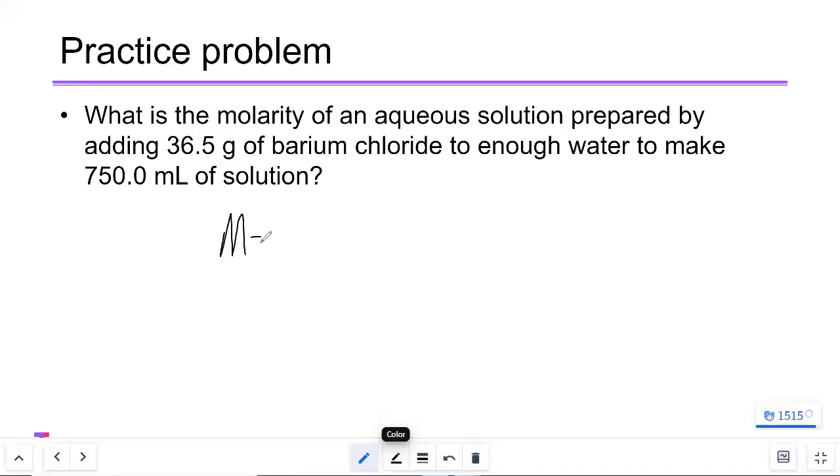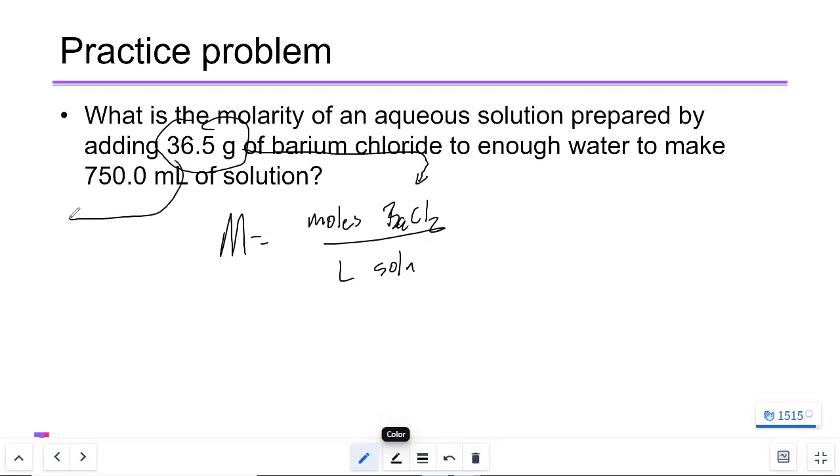Since we are trying to turn everything into moles of barium chloride over liters of solution, what we need to do is convert this grams into moles, and convert these milliliters into liters. I'd encourage you to try that on your own, see if you can come up with the answer, and then check it against the annotated PowerPoint in Blackboard and see if you got it right.